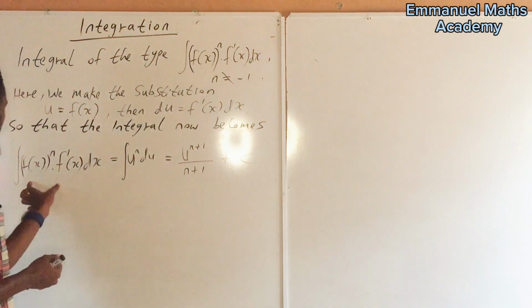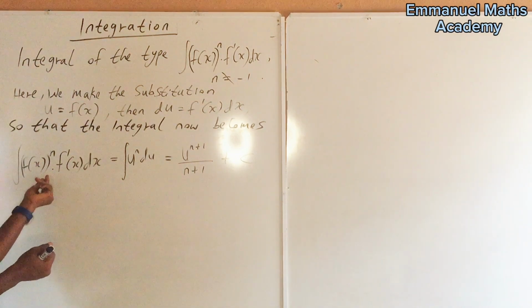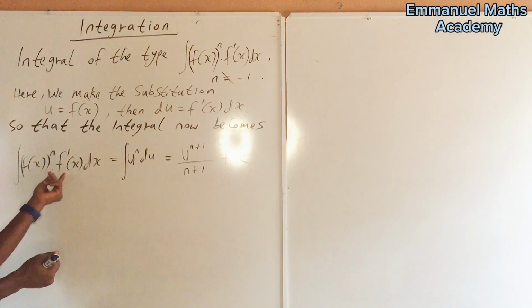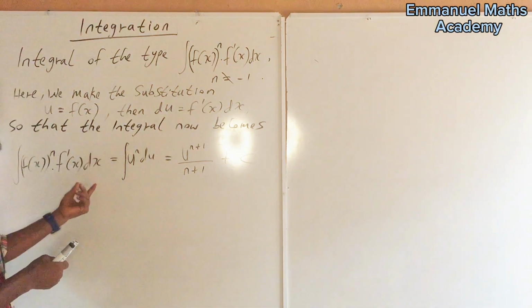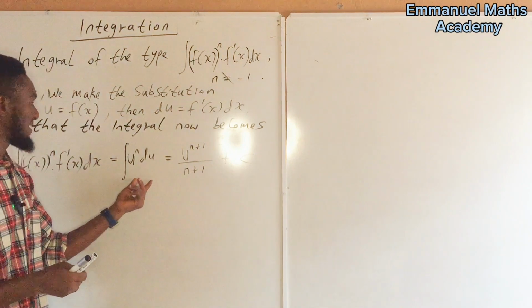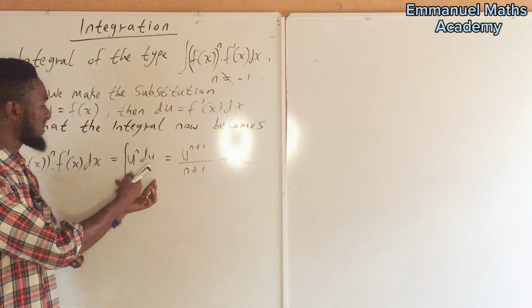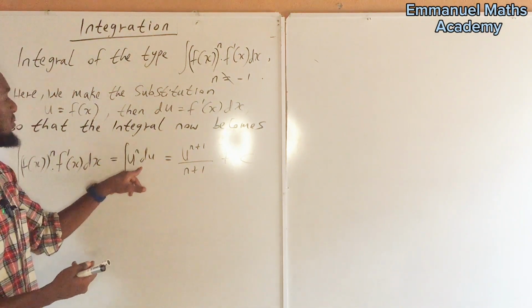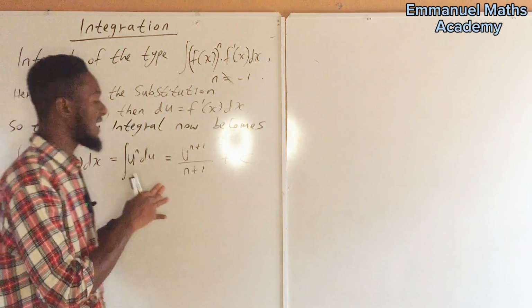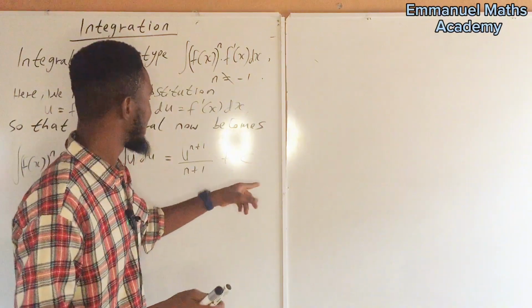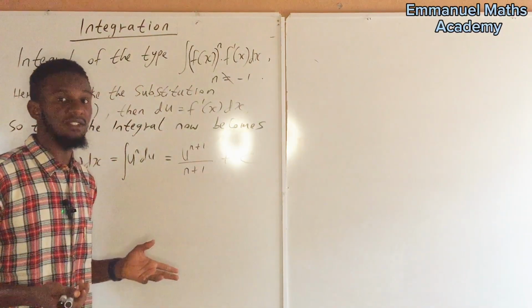Now, given f(x)^n · f'(x) dx, after making our substitution we arrive at the integral of u^n du, which is u^(n+1) over n+1 plus c, where c is the constant of integration.